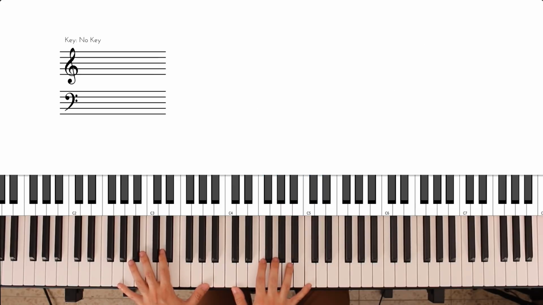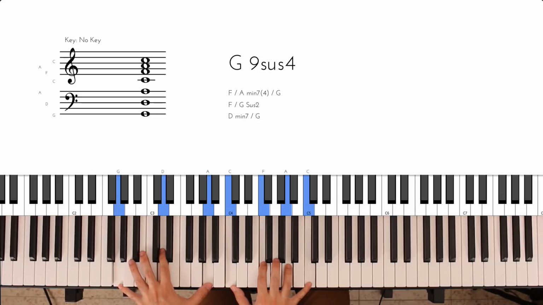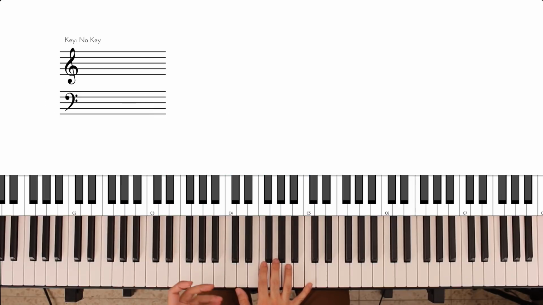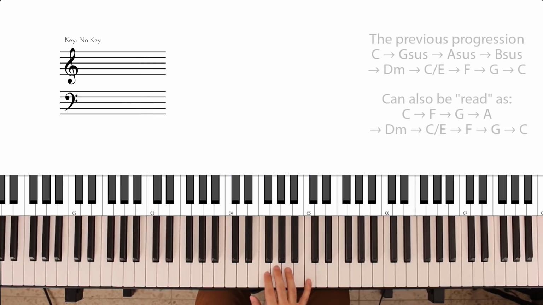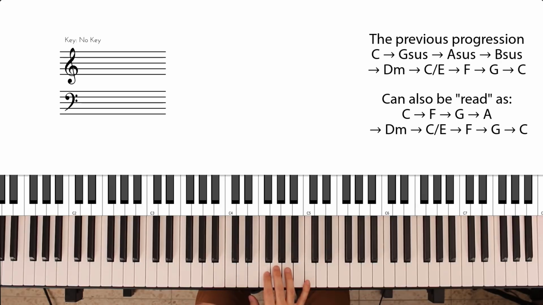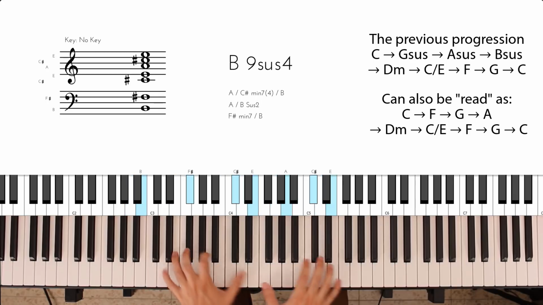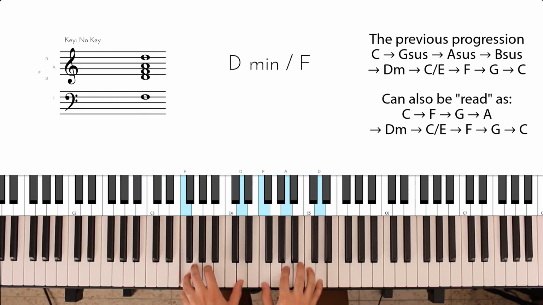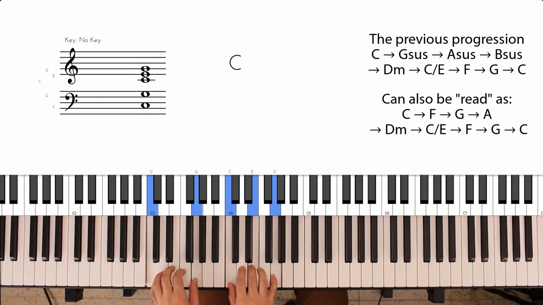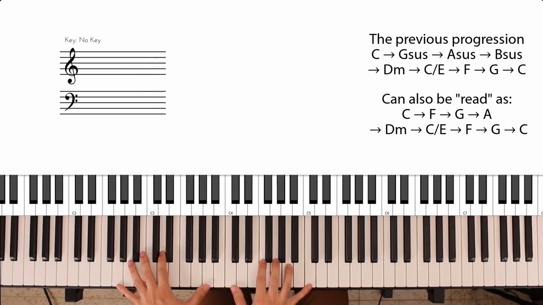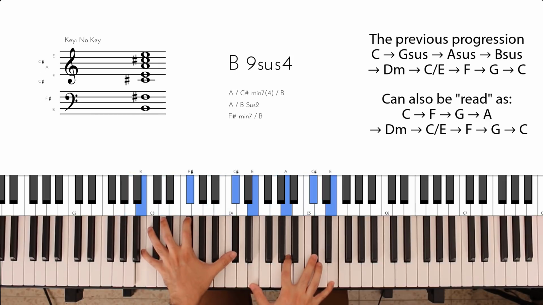So you see there's sort of a double meaning to this chord. It can be either a G, but also an F. And this is why the previous progression worked. So if you look at this B chord, which is big sus B, I can also think about this as an A, right?